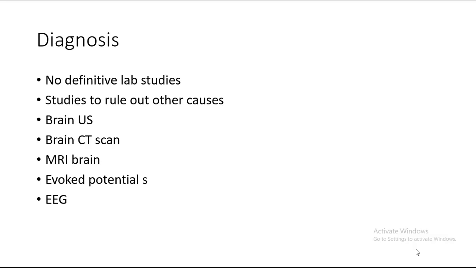On examination, we can find some changes like pyramidal signs, extrapyramidal signs, cerebellar signs, etc. The history might reveal the cause or a risk factor somewhere during his life or in the intrauterine life.